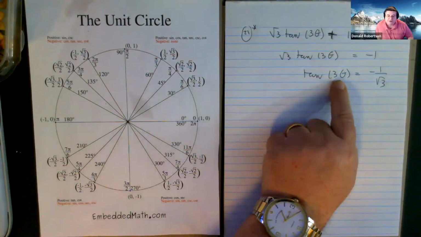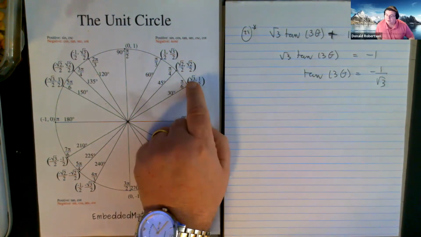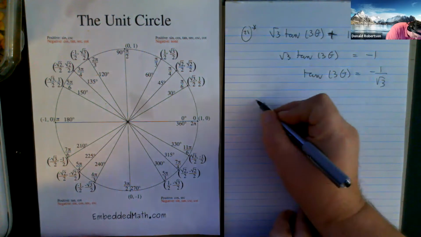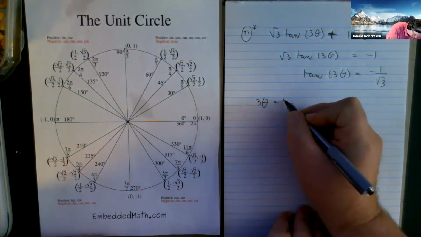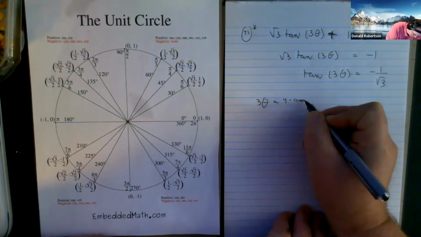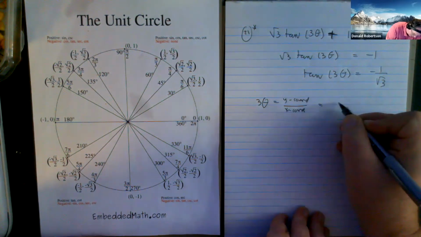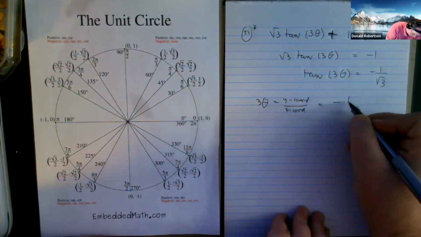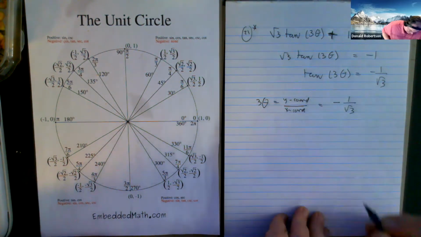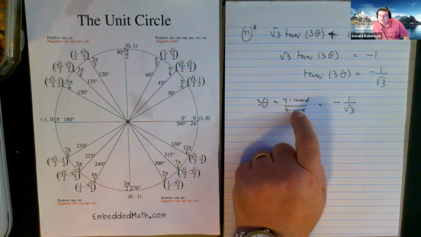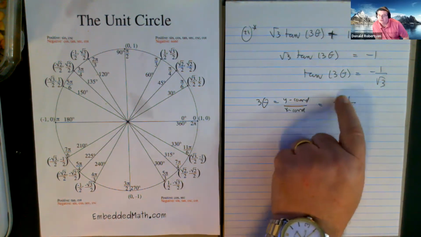Tangents are not easy because don't you have to divide one by the other? So I am looking for an angle where the y coordinate divided by the x coordinate is negative 1 over root 3.